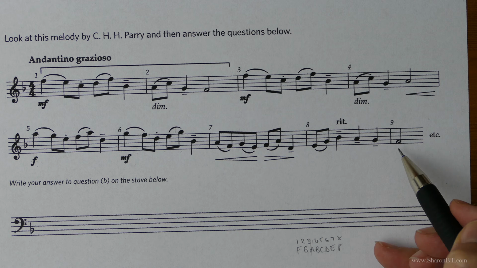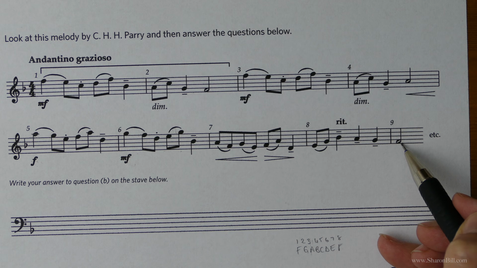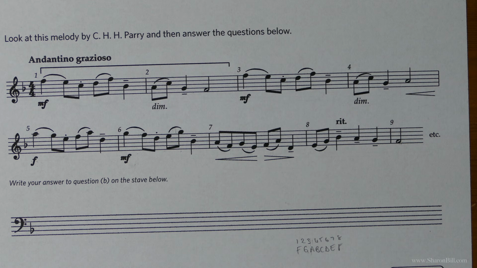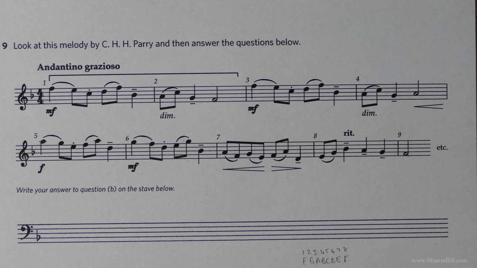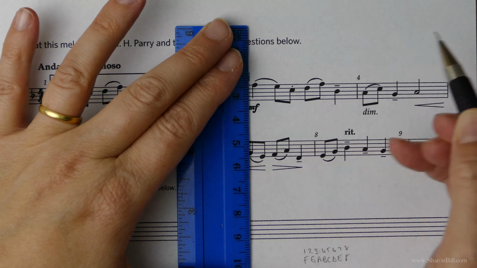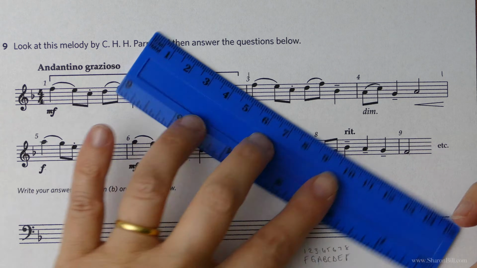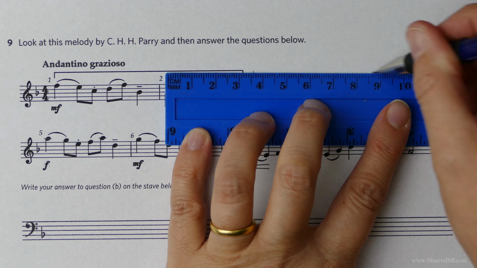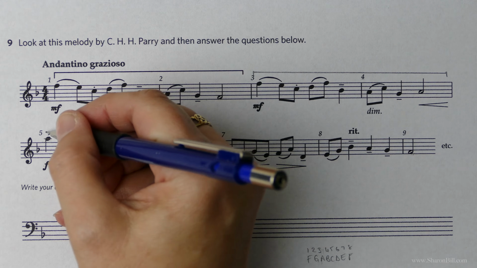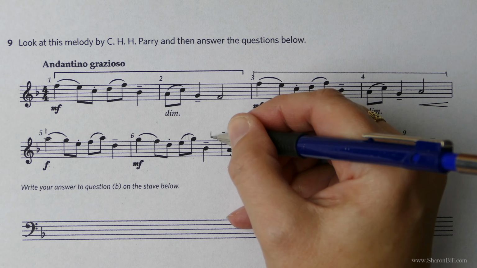However, there's one little extra note here, and so we'll include that last note because we can't just have one on its own. So we can just go in 2 bar phrases here. That will work out just right. And then we can go 2 bar phrases here. That works exactly the same.